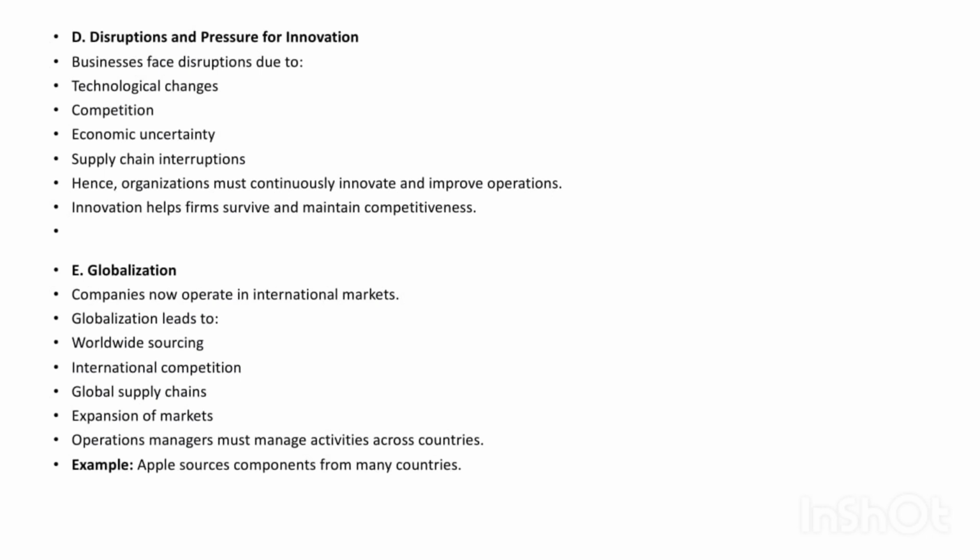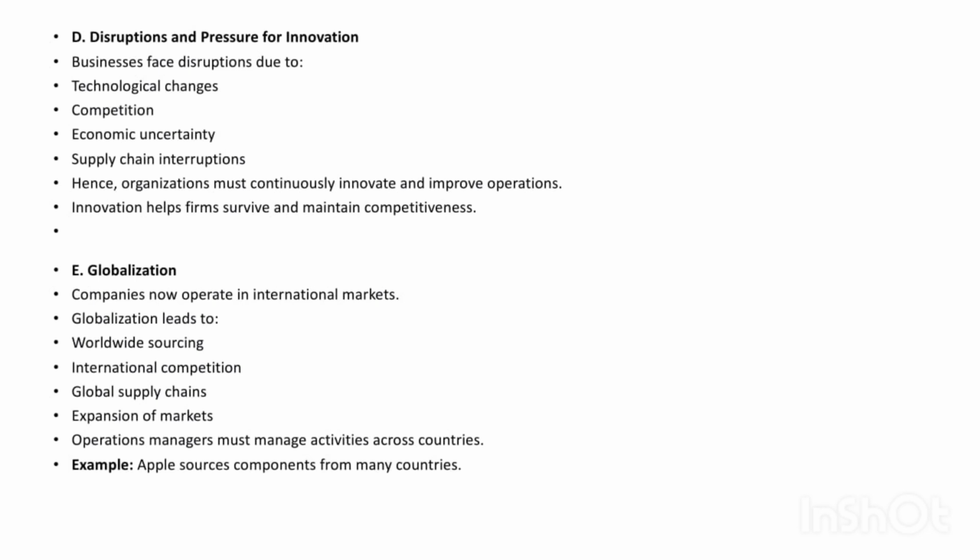So innovation helps firms survive and maintain competitiveness. For example, Nokia failed to innovate in touchscreen and Samsung plus Apple took over. And operations management must build innovation into process.